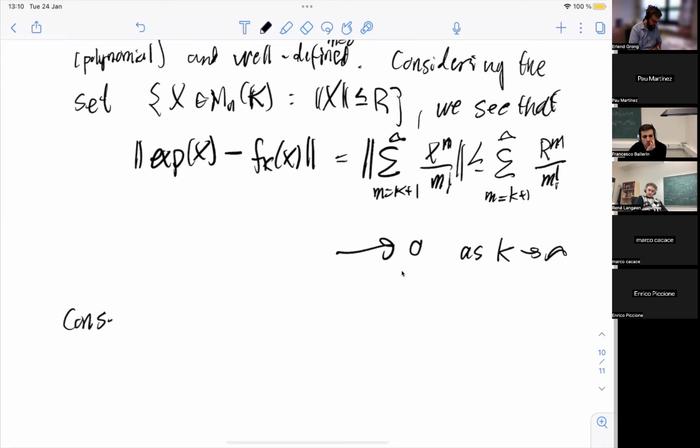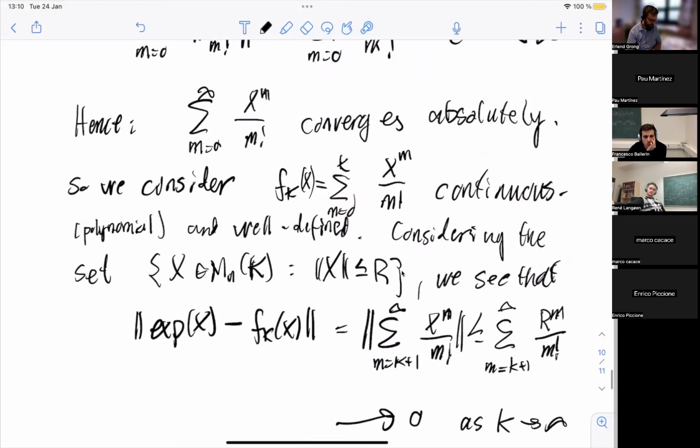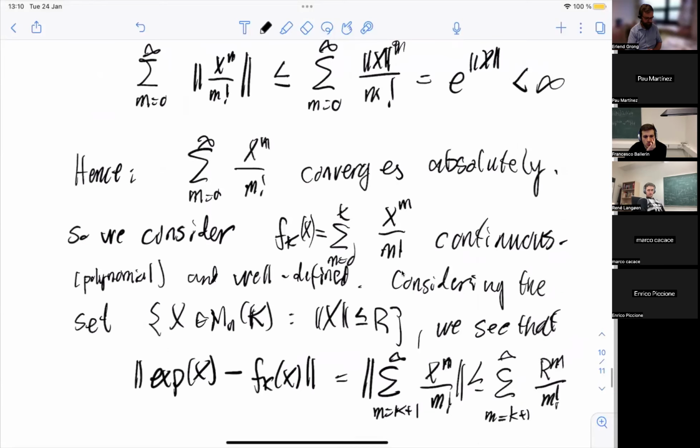As a consequence, f_k converges uniformly to exp on the set where the norm of x is less or equal to R. So from the fact that this series converges absolutely, we have existence.